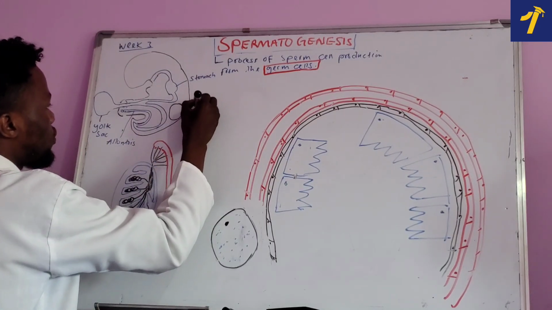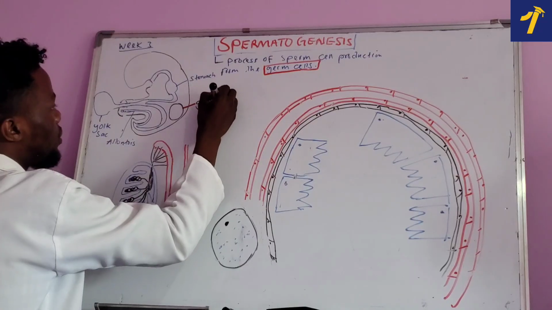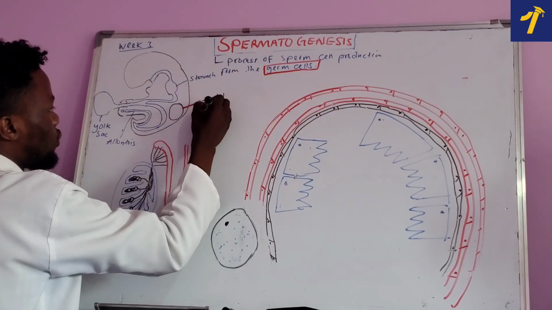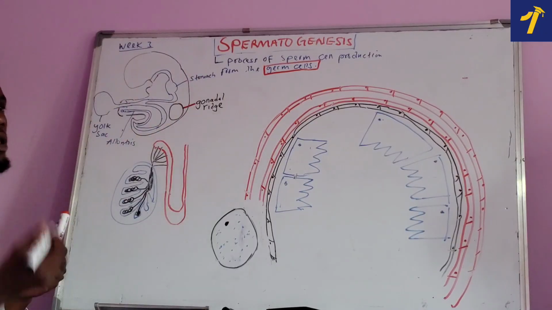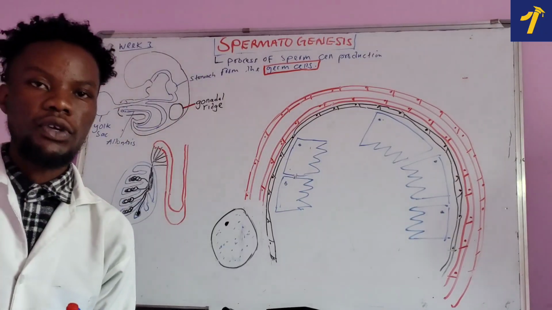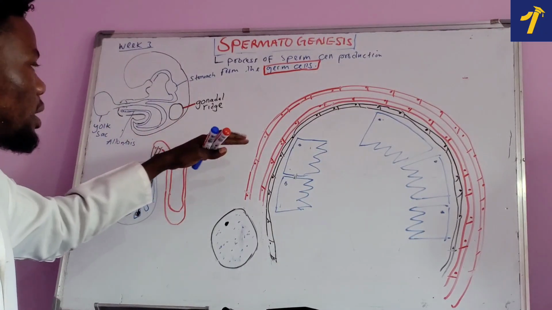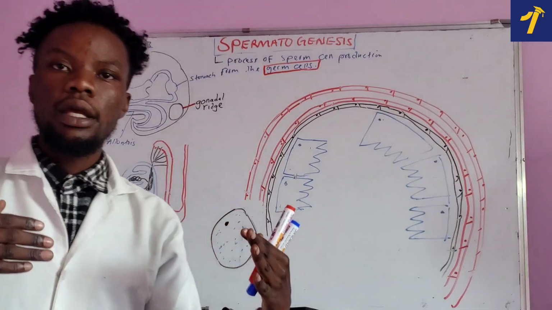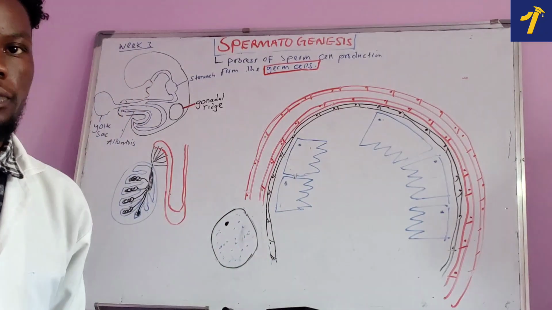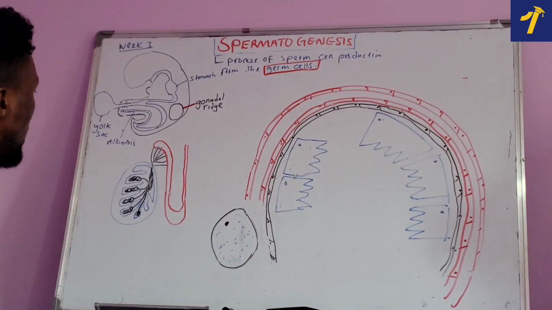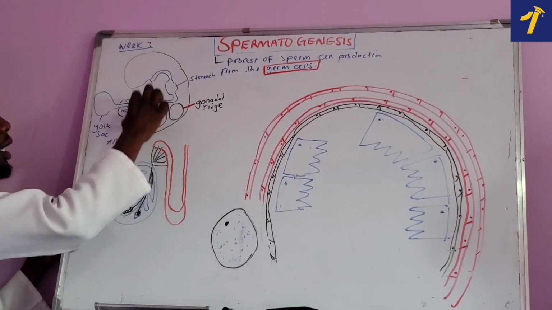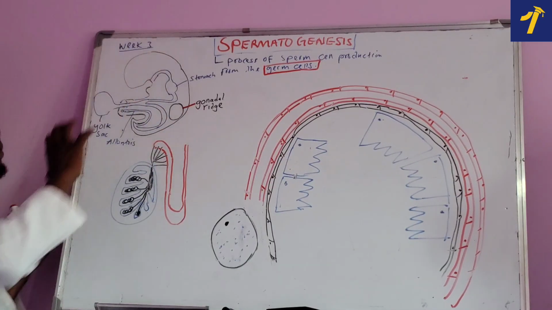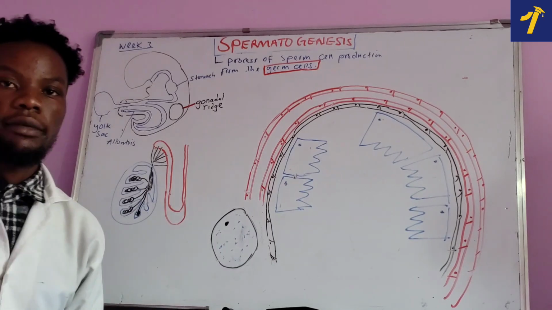Gonadal ridge, or basically just a ridge. So let's just call it gonadal ridge. And this gonadal ridge, that's where the mature gonads are going to come from. So we need to know it. And this part is basically the sacral region, and this part is the one that will develop into the head of the fetus.